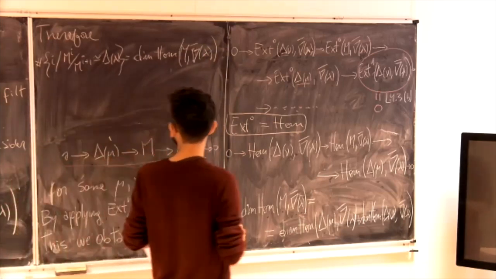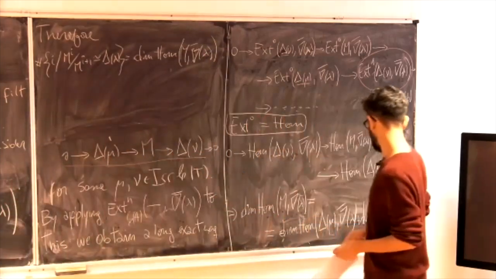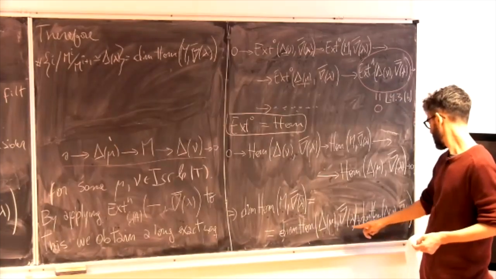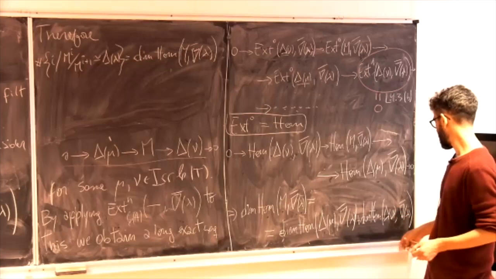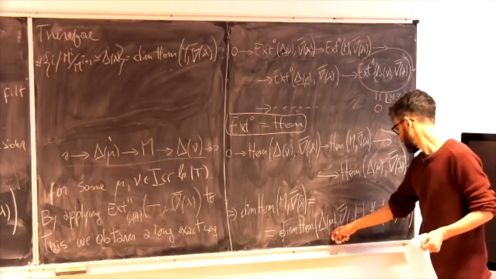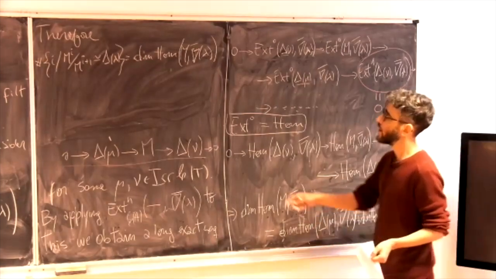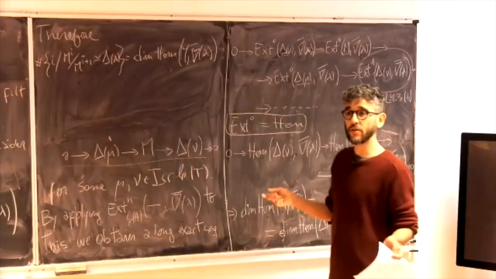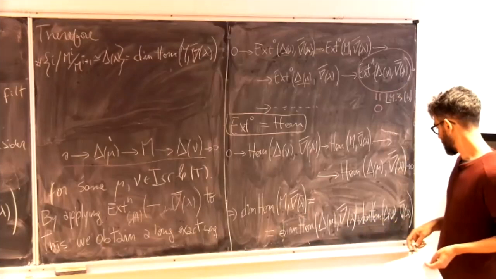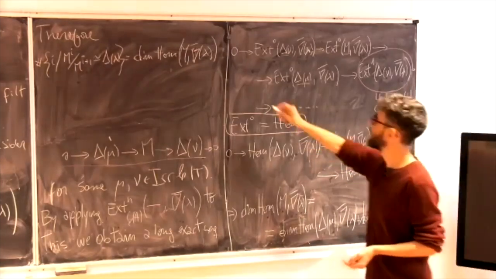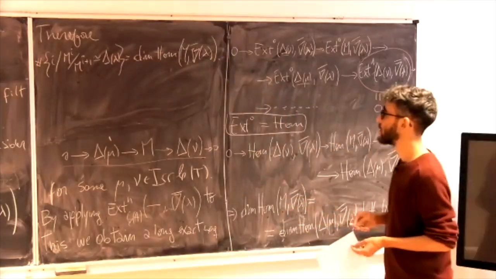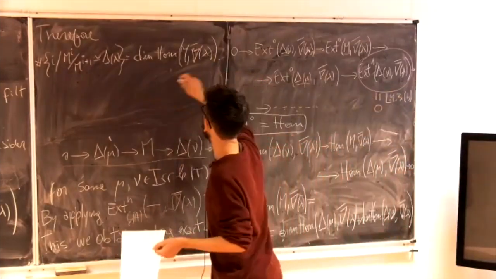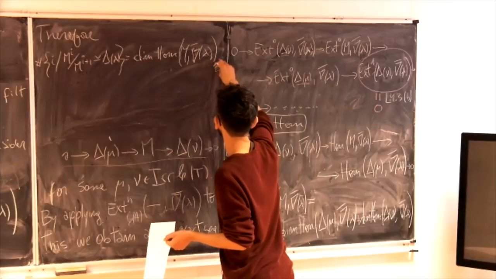For instance, if lambda and mu are different, one of these is 1 and the other is 0, and we will obtain the same if we consider a number of subquotient isomorphisms. And this is the equality that we are looking for.